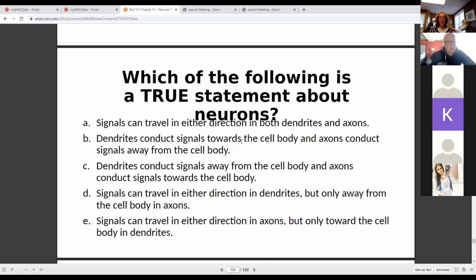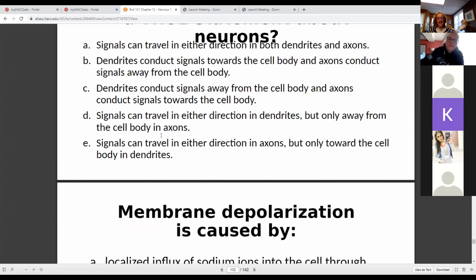Is it B? Say it one more time. Is it B as in boy? Why do you think that's right? Because they're going towards the cell body to tell the cell body what to do, and then the axons release that signal. Right, that's correct. And they only move in one direction because of the refractory periods. But yes, that's right. I surprise myself sometimes. That's funny. Okay. No, that's right.